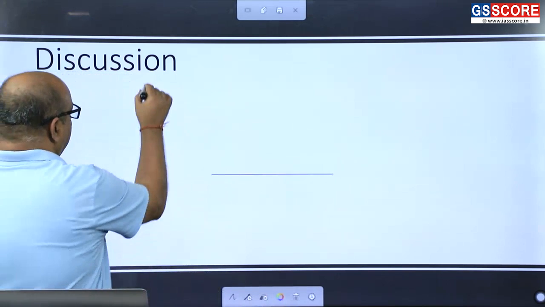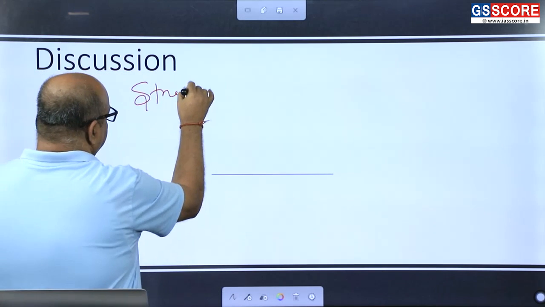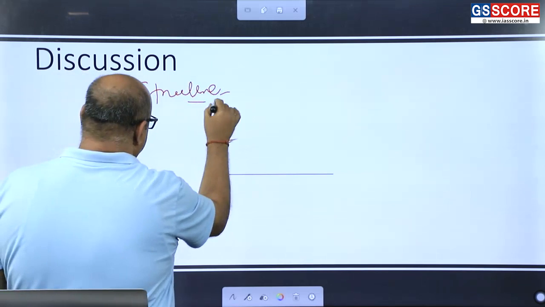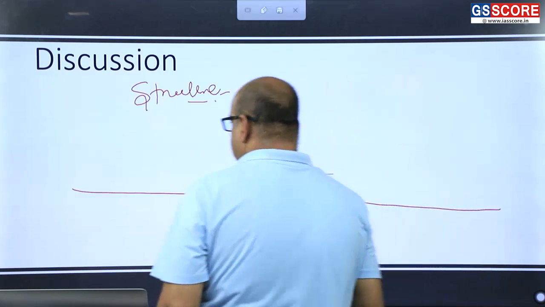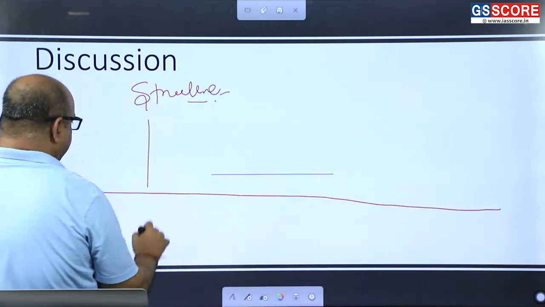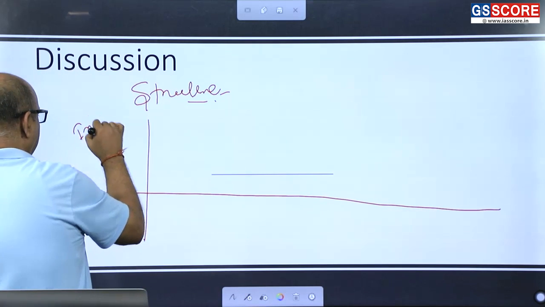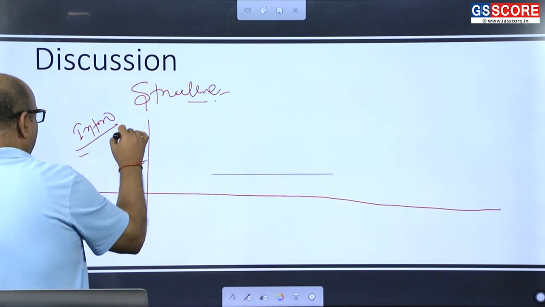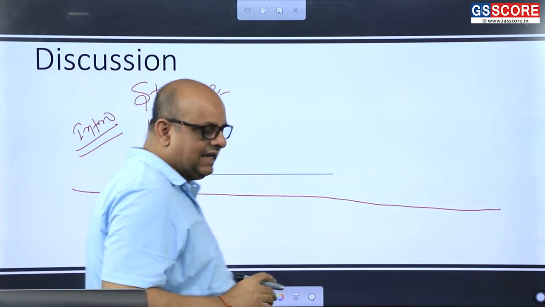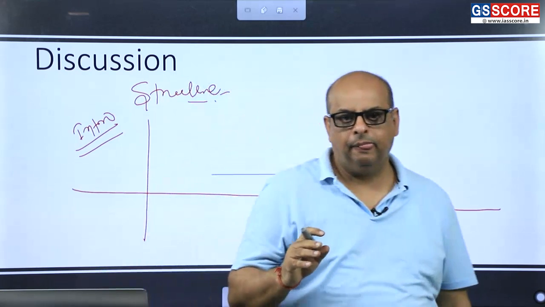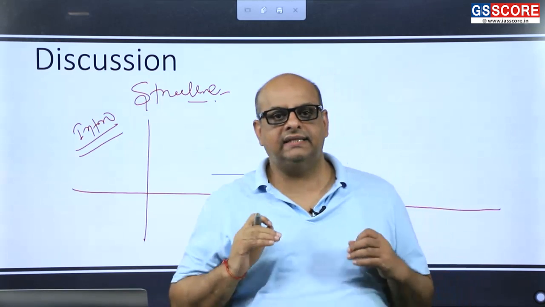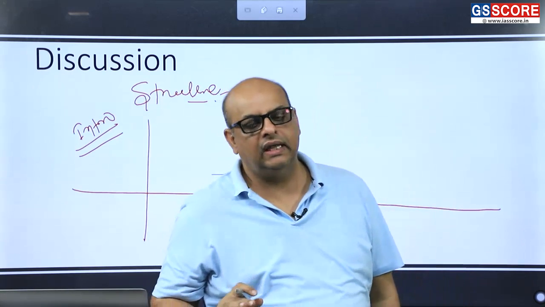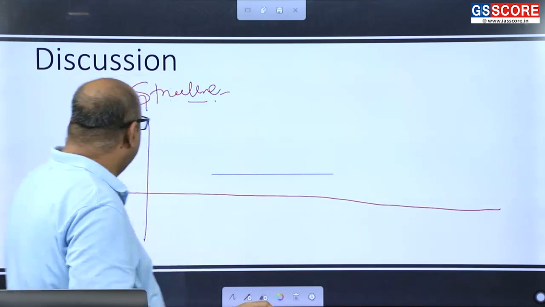Now the next point is how to develop the answer: the structure of the case. Number 1 is the introduction. Introduction is basically about capturing the essence of the topic. Nothing more, nothing less.